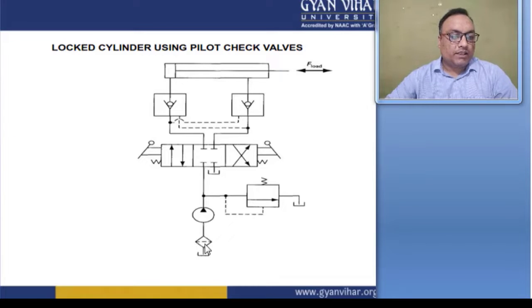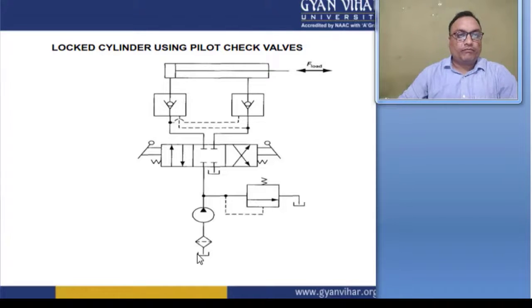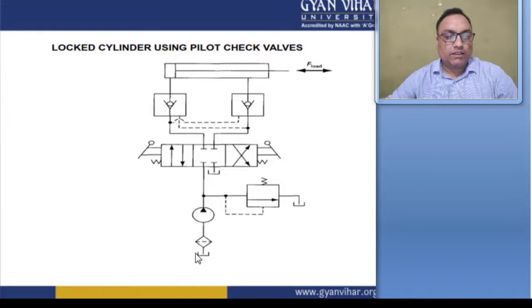And this is the filter symbol, and again this is the symbol of the reservoir. The reservoir contains the hydraulic fluid, and it is built in different types of constructions depending on the system requirement.